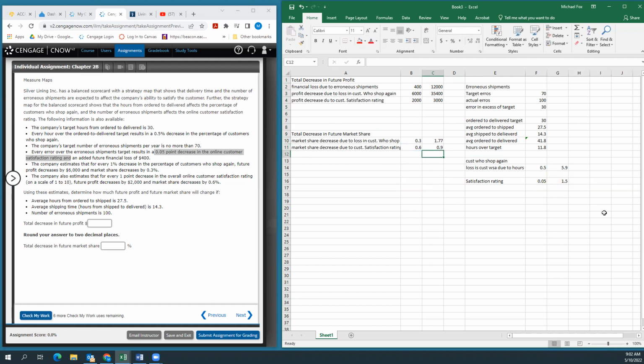Okay, so I think we've now figured out all of the component parts that are going to tell us our total profit decrease, which is $50,400, and our total market share decrease, which is 2.67%, which means these errors are really costly, right? And that we need to figure out some way to fix them. Let's double check and make sure I did it right, because there's a lot of moving parts in there.